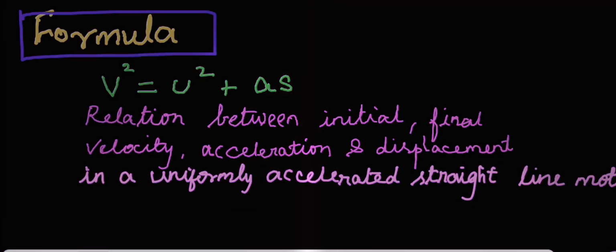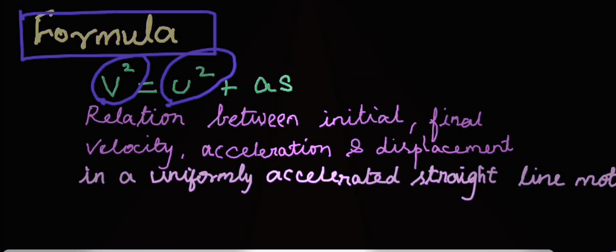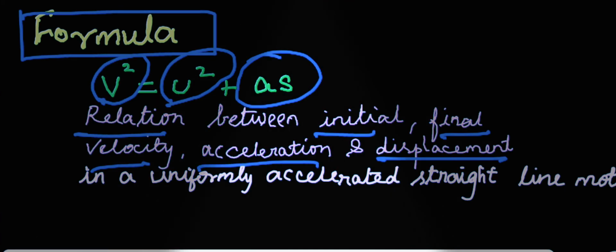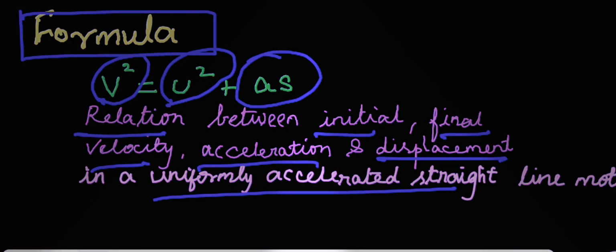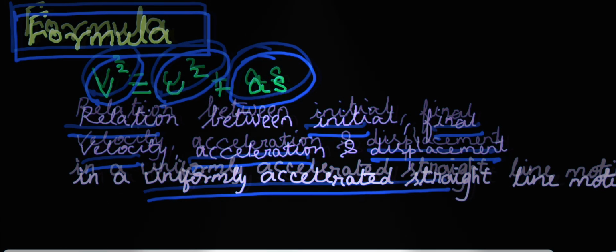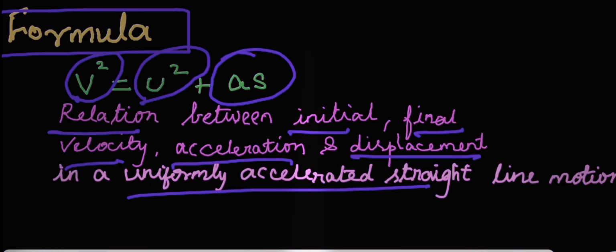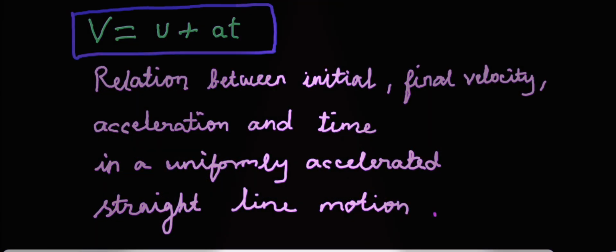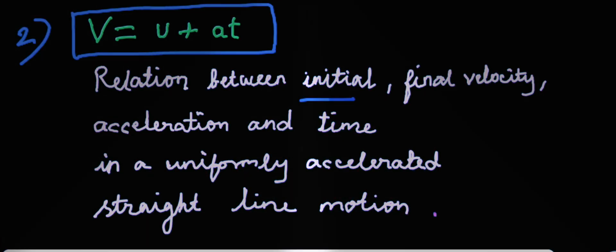Let us learn some formulas here. V square is equal to u square plus 2as. It is a relation between initial and final velocity, acceleration and displacement in a uniformly accelerated straight line motion. The second relationship is v is equal to u plus at.